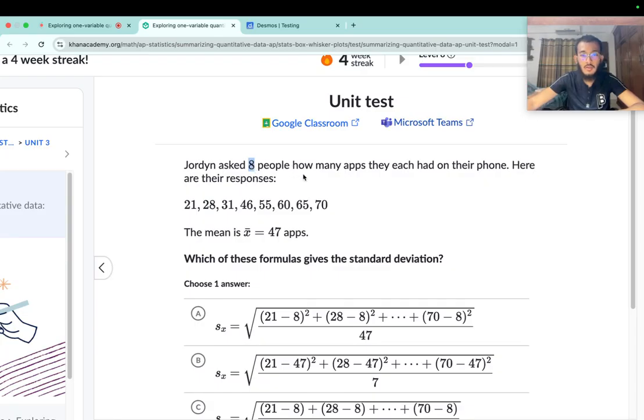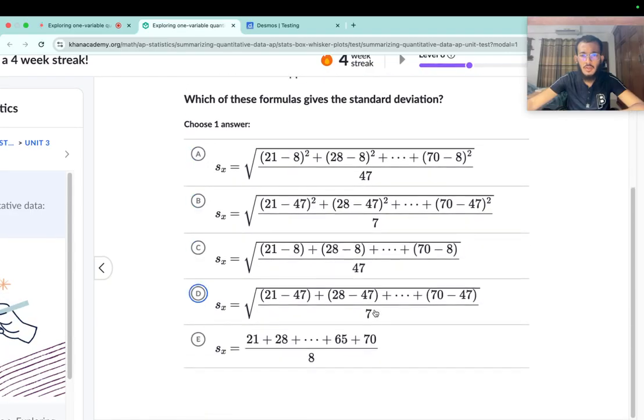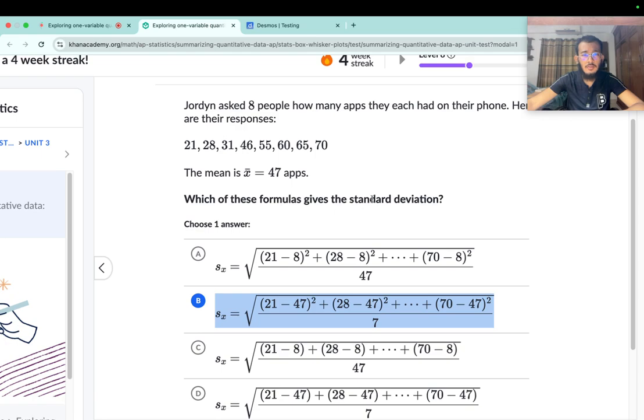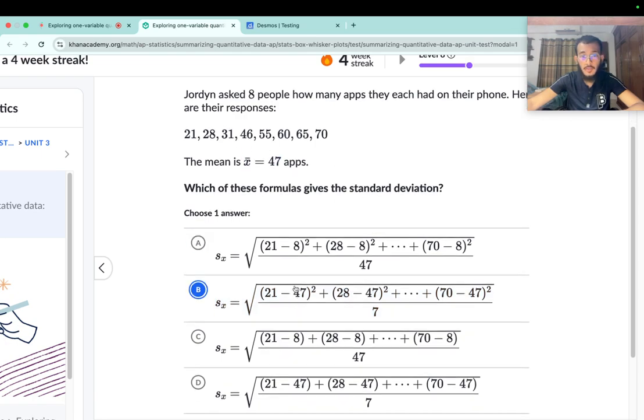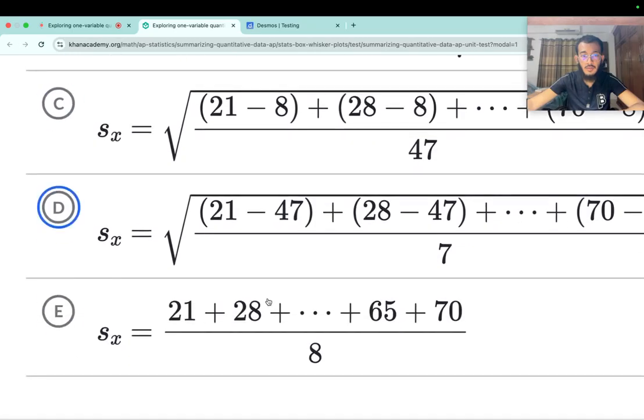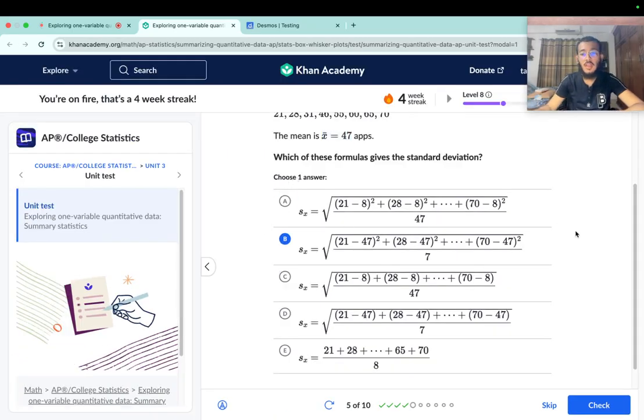So yes, it is a sample, so n minus 1, and 47 cannot be used in the denominator, so it must be B. We take their deviation from the mean, subtract that for each data, and square that. The mean is 47, so that is why this is wrong. You have to subtract from 47, and you don't have a square in any of these, so I can safely select option B.